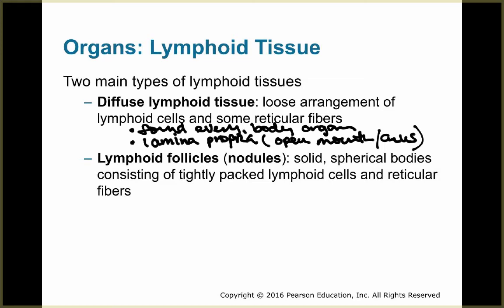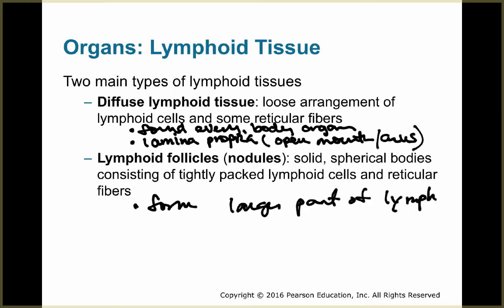And so many form a large part of lymph node organs. You can find these in isolated aggregations in Peyer's patches and in the appendix.